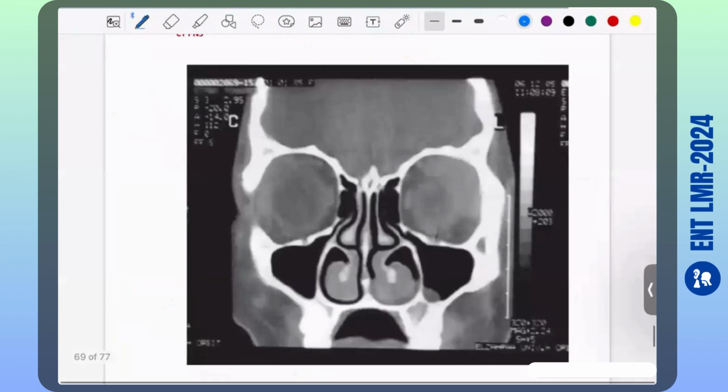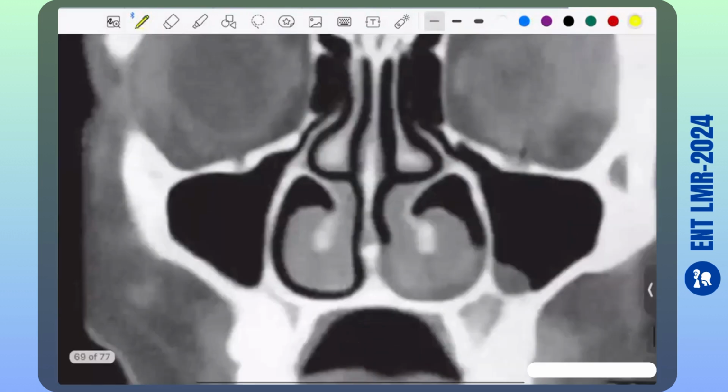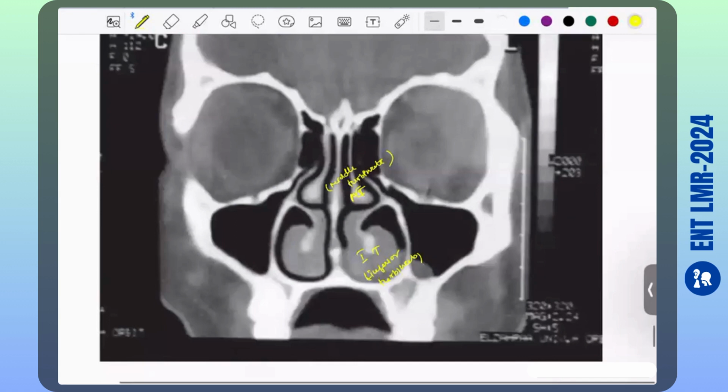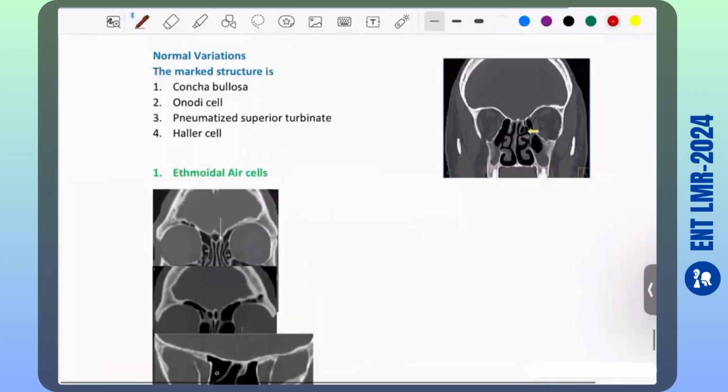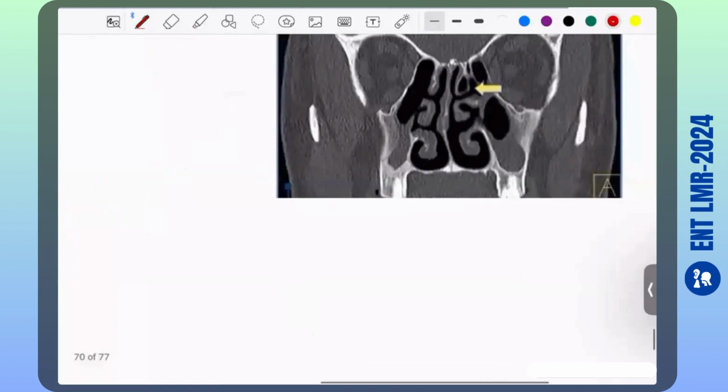CT PNS. See, in CT PNS, you will see this is the inferior turbinate, this is the middle turbinate. Very, very important. So there are few variations in the CT PNS. See here, the superior turbinate is here.